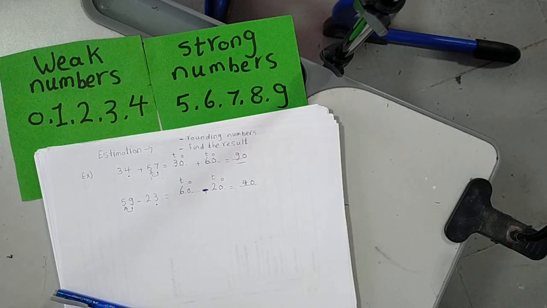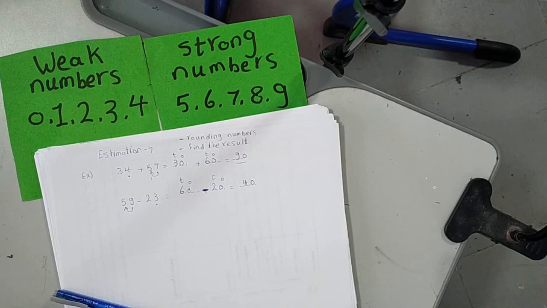Don't forget that we talked about 2 parts in our lesson today. They are rounding numbers and estimating to find the result in addition or subtraction. We said that to round numbers, I have 2 steps. The first step is to stop at your ones and look if it is a weak number or a strong number.